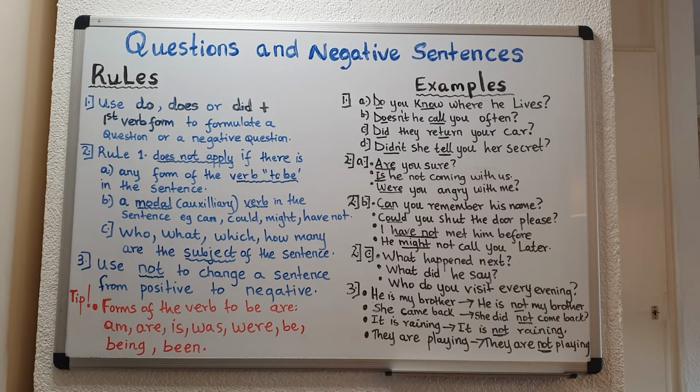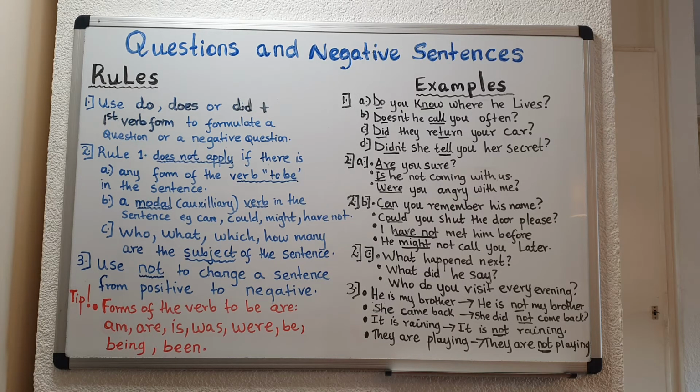Are you sure? In that sentence, we have the verb to be, which is are. In the next sentence you have, is he not coming with us? So in that sentence you have is, an example of a form of the verb to be.